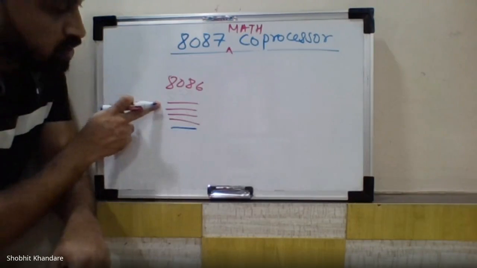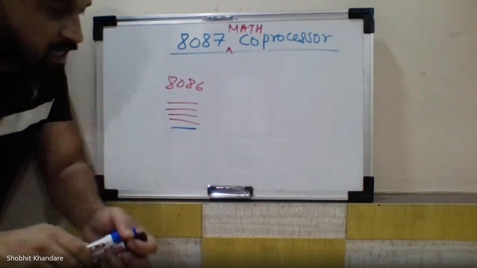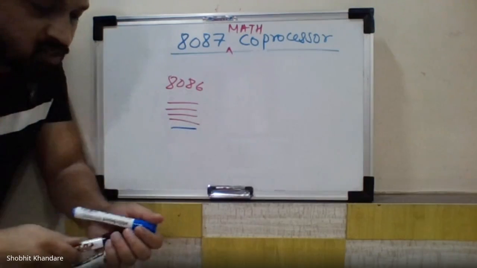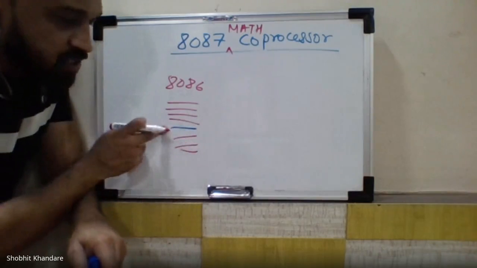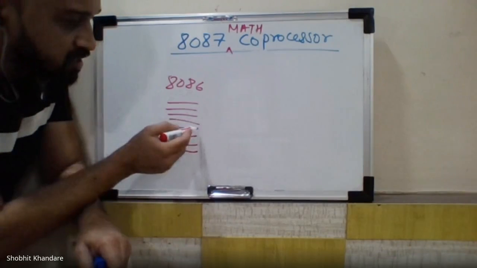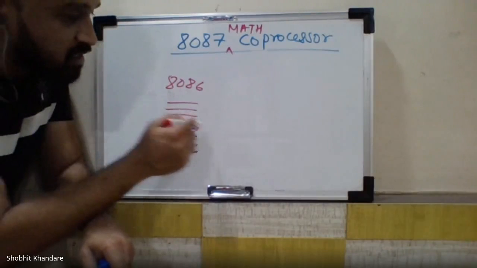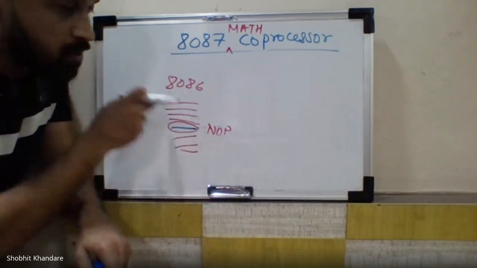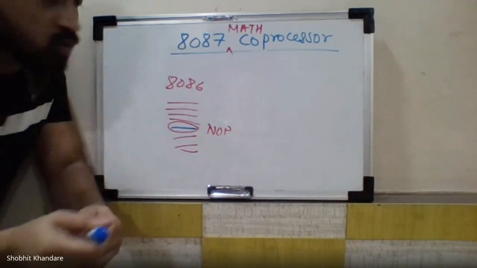Assume that the red lines are the instructions of 8086 and the blue lines are the instructions of 8087. If there is an instruction of 8087 in between, it will be considered as NOP, no operation, by 8086.